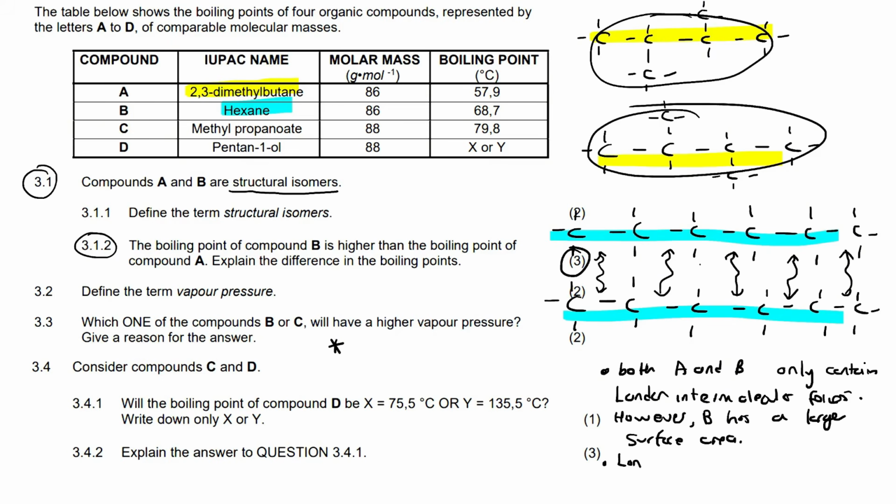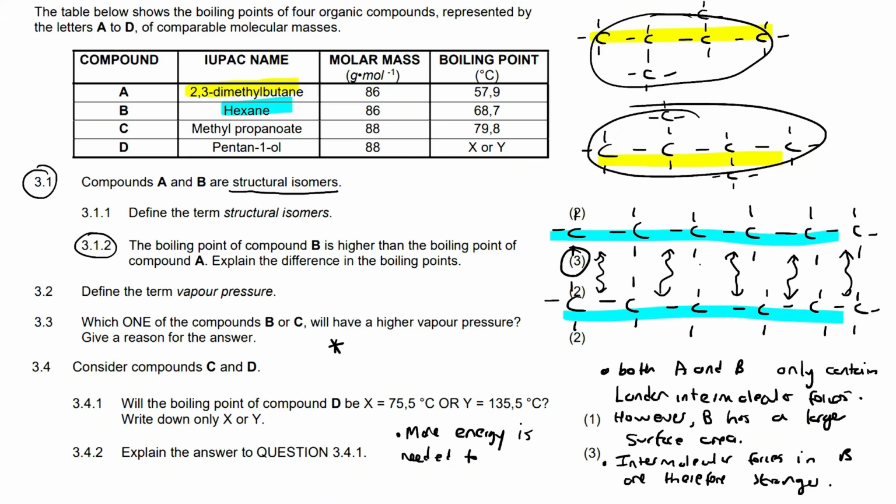You can say that the London forces, or let's just say the intermolecular forces in B, are therefore stronger. And then your last point, you could say more energy is needed to overcome. Don't use the word break, use the word overcome. More energy is needed to overcome the intermolecular forces in B.